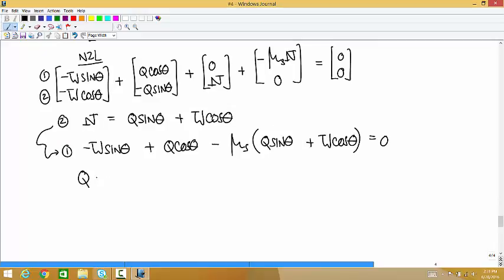So you get Q is equal to mu s times all that stuff in parentheses plus W sine theta.